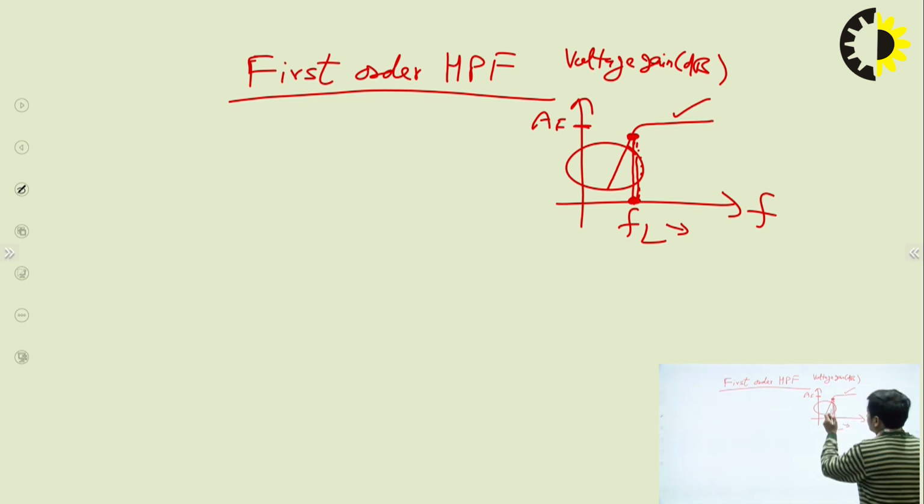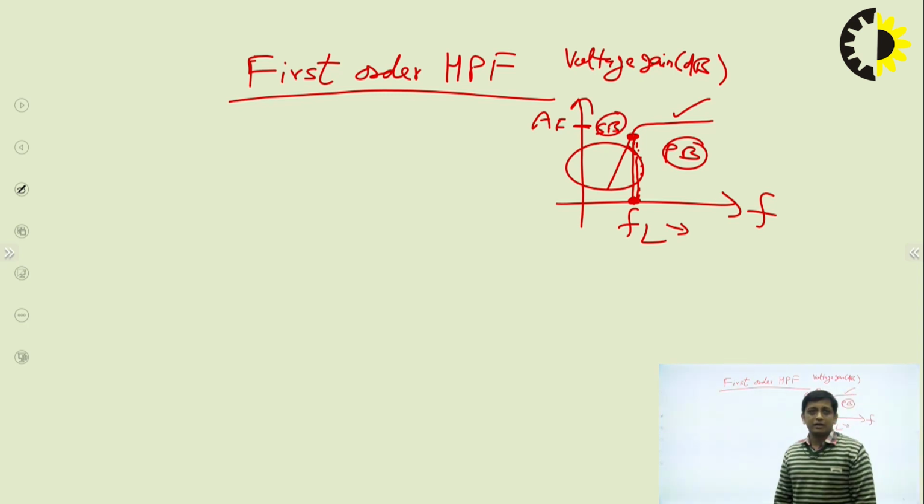So in this graph, there are 2 bands. This one is called the pass band, since the gain is higher. And this one is called the stop band. We can see that in the pass band, the voltage gain is highest. In the stop band, the voltage gain is reducing. Fine. Stop band means the signal is getting attenuated. In the pass band, the signal is passed.